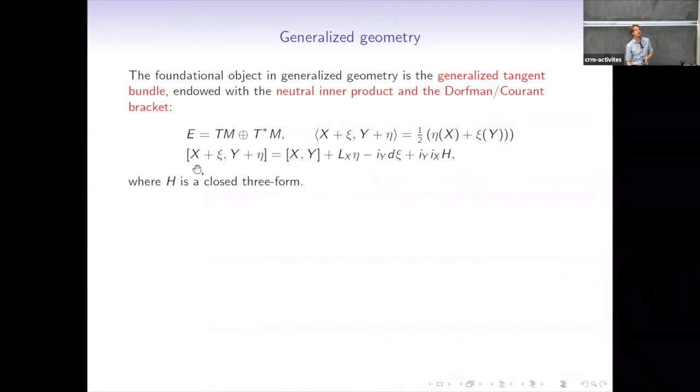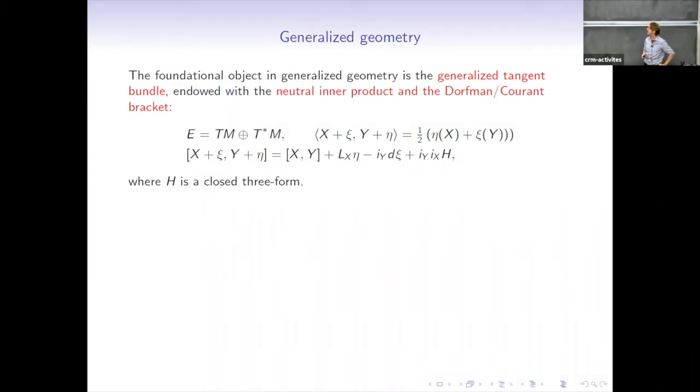And then we also have this bracket structure: x plus xi brackets with y plus eta to be this perhaps strange-looking combination of operators. But these are natural operators that we're used to: derivative, interior product, exterior differential. The construction also allows for a natural twisting by a closed three-form. Again, there are conceptual underpinnings to these, but I won't really get into why one would do this.